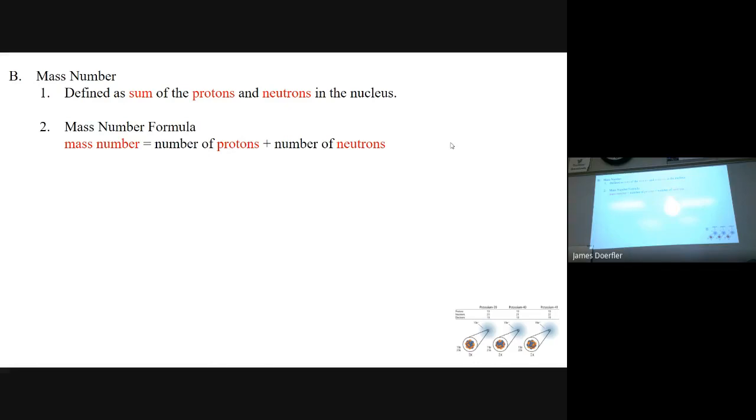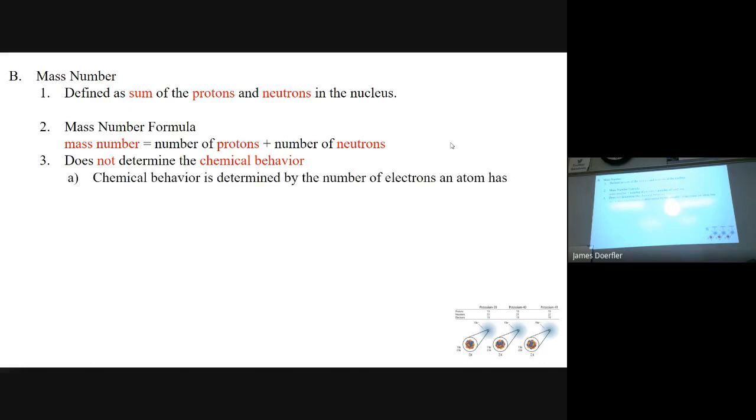We took the mass number and subtracted the number of protons. It's exactly right. And you're going to be doing that basically from here on out. The thing about mass numbers, though, is that all they really tell us is just that, the mass. It does not determine the chemical behavior. That all boils down to the number of electrons.